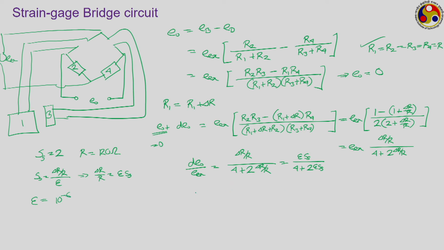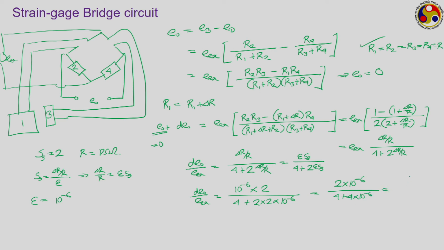In this case, this will be equal to 10 to the power minus 6 into 2 divided by 4 plus 2 into 2 into 10 to the power minus 6, that is 2 into 10 to the power minus 6 divided by 4 plus 4 into 10 to the power minus 6.